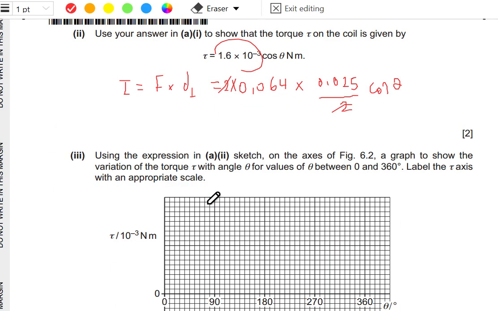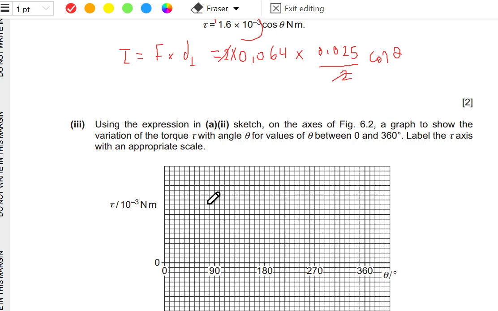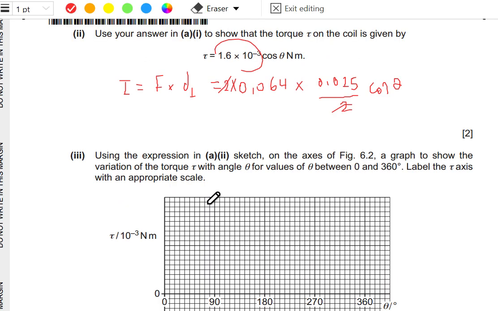Using the expression in part 2, sketch on the axis of figure 6.2 a graph to show the variation of torque tau with angle theta for values of theta between 0 and 360. Label the tau axis with an appropriate scale. So we have some value. This will be our amplitude.